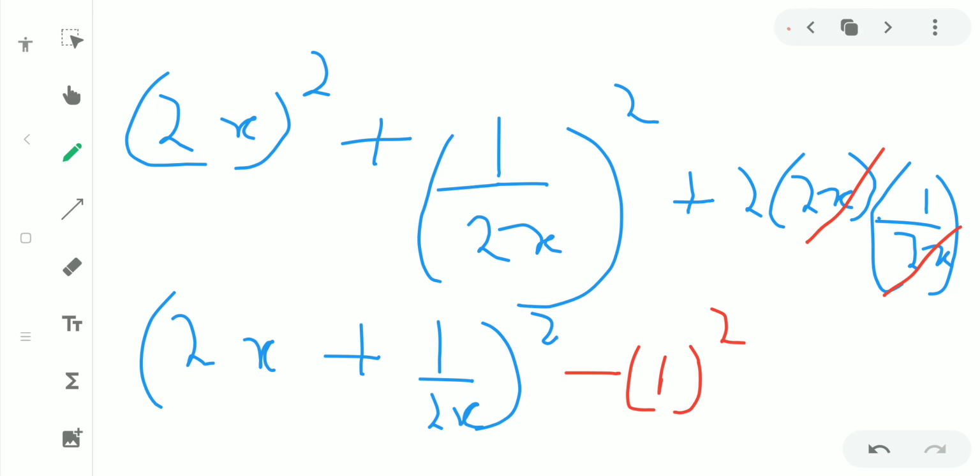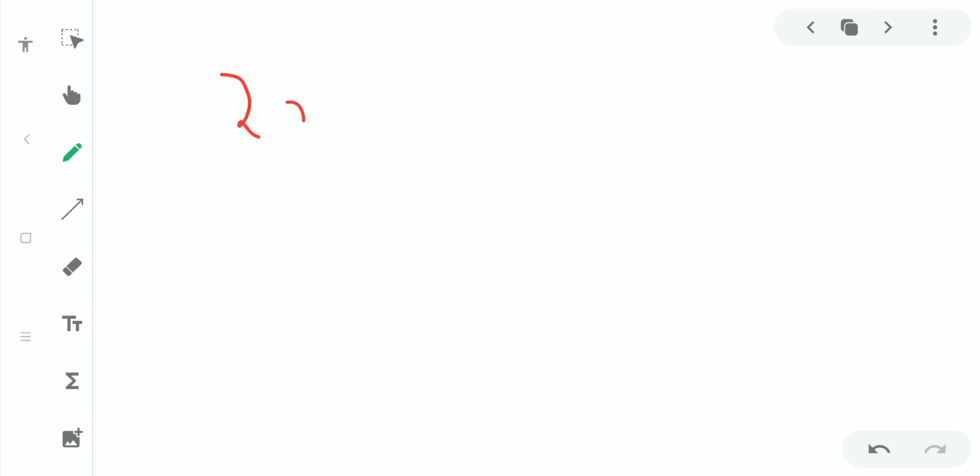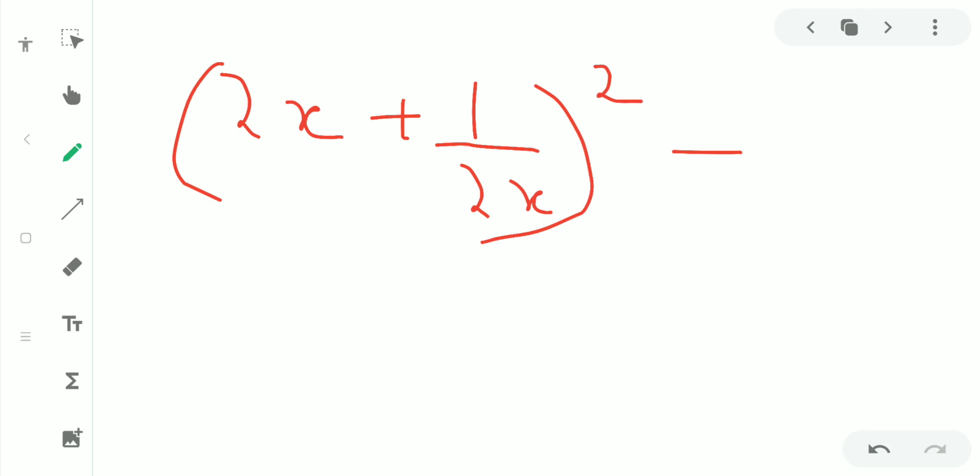So 2x plus 1 by 2x whole square minus 1 square.